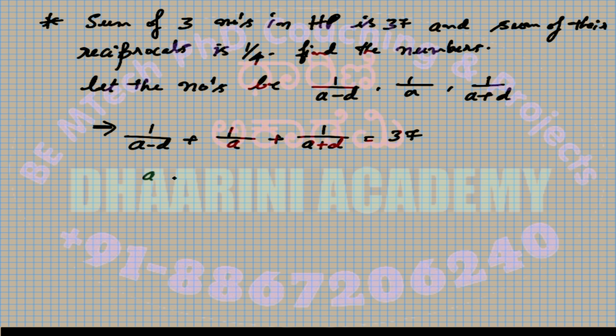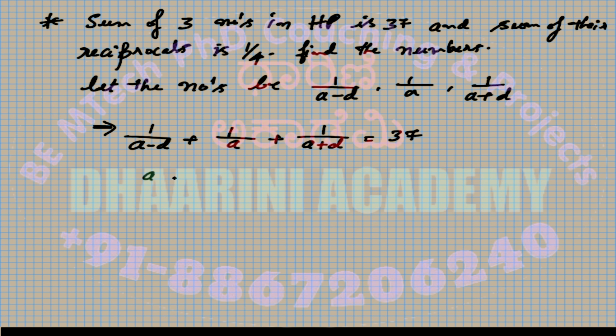So this becomes 12 plus 144d plus 12 minus 144d divided by 1 minus 144d square equals 25.